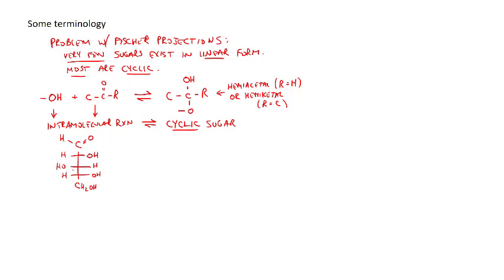If this is our Fischer projection for our carbohydrate, what can happen is any of these potentially hydroxyl groups, let's say for the sake of argument that this one will come up and attack nucleophilically this carbonyl group, and the result will be a cyclic sugar molecule. And if that happened for this particular sugar, it would look something like this.